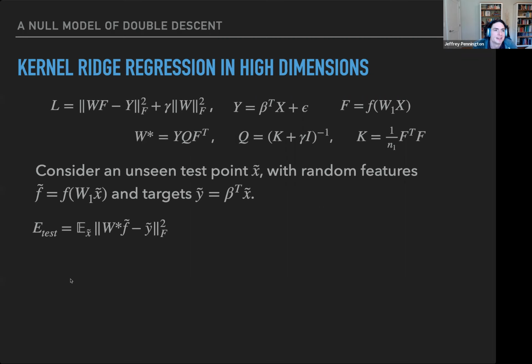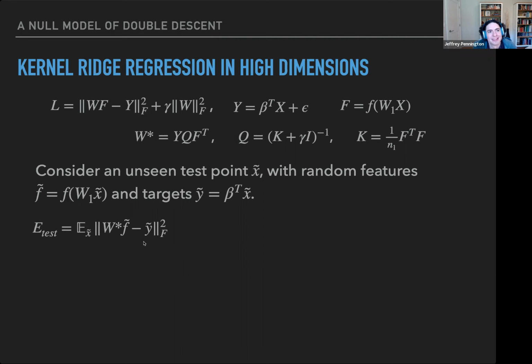So to compute the test error, you just take the expectation of the squared error of your prediction minus this target, which in this case, y tilde, I'm assuming it's just a linear function for some coefficient vector beta. And I'm assuming some simple distributional assumptions on the data. In particular, it's just standard Gaussian, uncorrelated standard Gaussian.